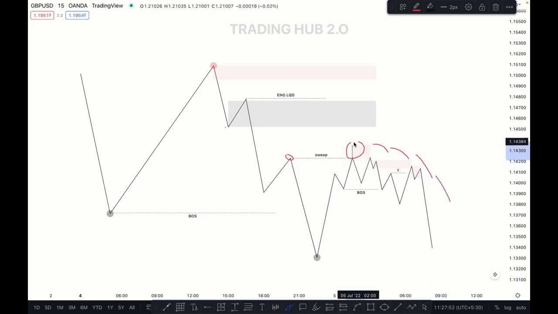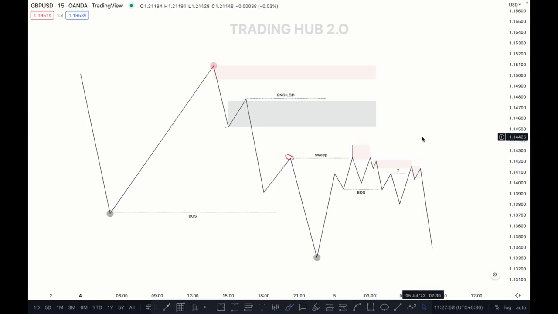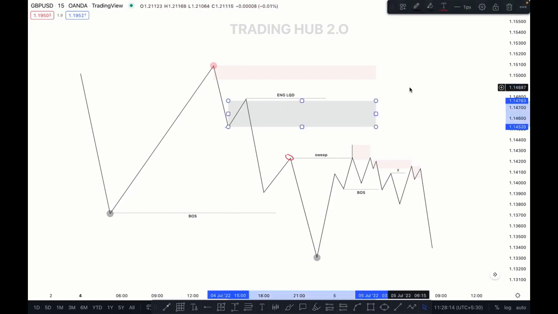When market takes out this high and closes below it, you have to apply entry type 3. If market closes above this swing high, then you have to apply entry type 2. If market mitigates any zone, then you have to apply entry type 1.